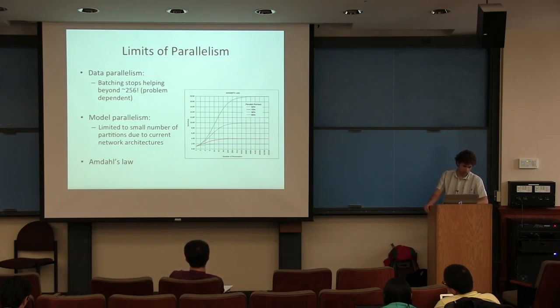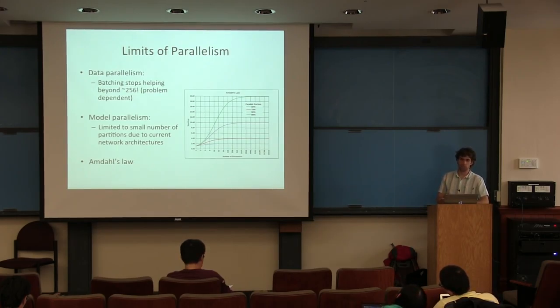A lot of these things also come down to Amdahl's law. If you're a good computer scientist, you know about this. What this says is that if you take a computer program and you divide it into 2 parts, one part you can parallelize into an arbitrary number of computational units, and another part which actually has to be done in serial, you're limited in terms of the amount of performance improvement you can get.